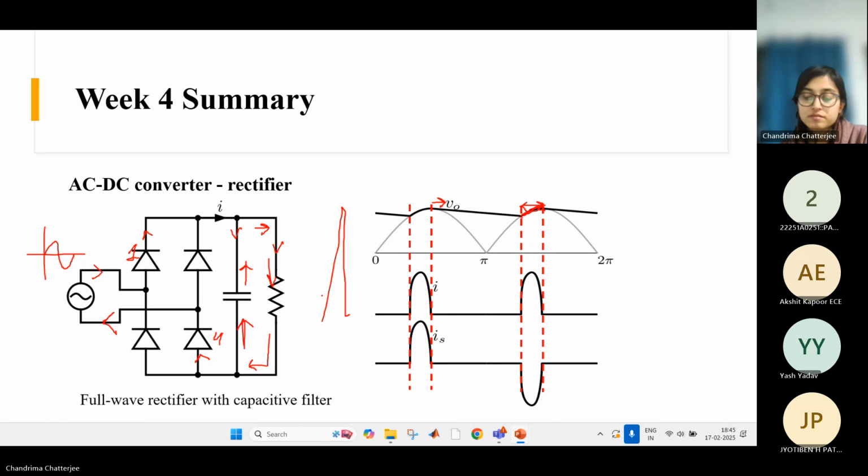Excuse me, ma'am. Isn't a capacitor a non-dissipative passive device? So there is no power dissipation happening, right?